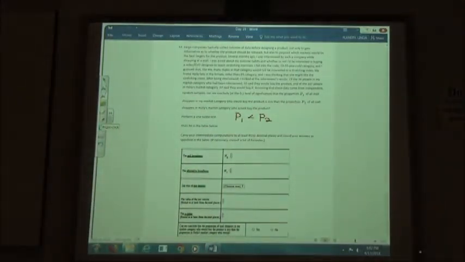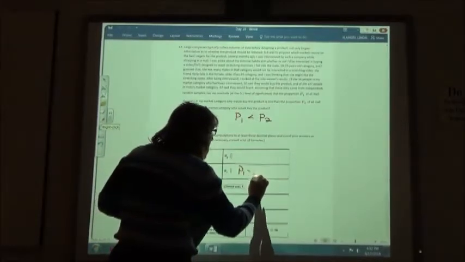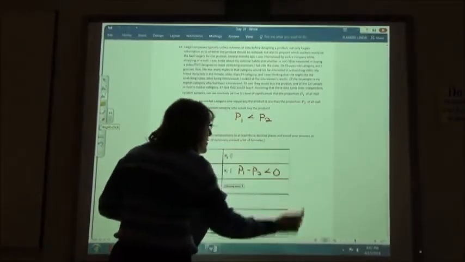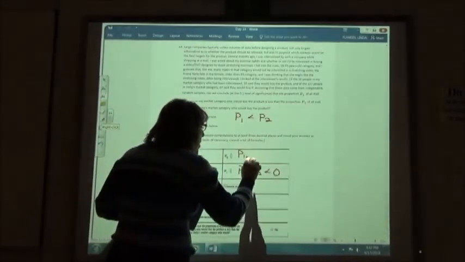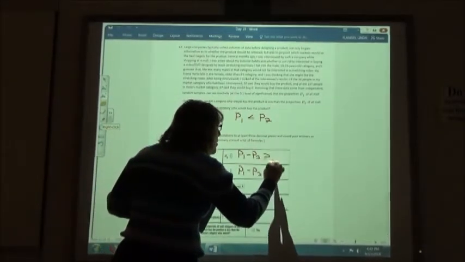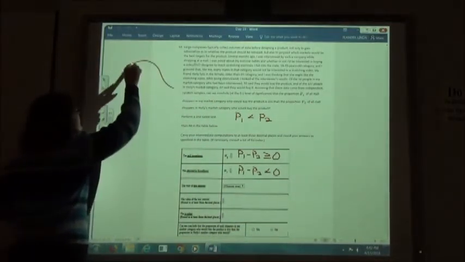The less than goes in the alternative hypothesis. Of course, we're going to rearrange it so it's 0. So P1 minus P2 less than 0 is my alternative hypothesis. P1 minus P2 greater than or equal to 0 is my null. So we're doing a left-tailed test.